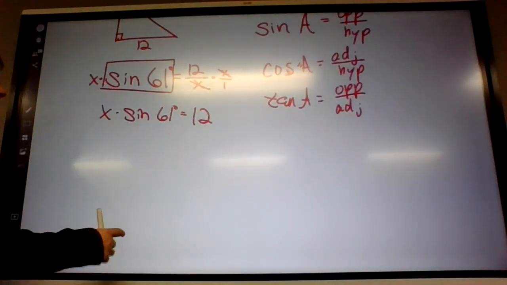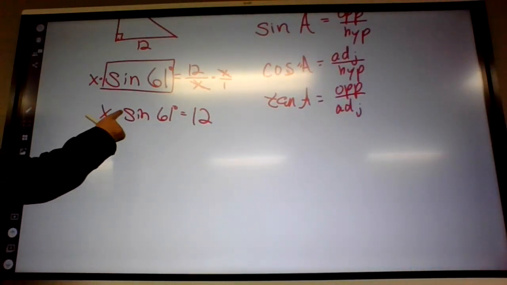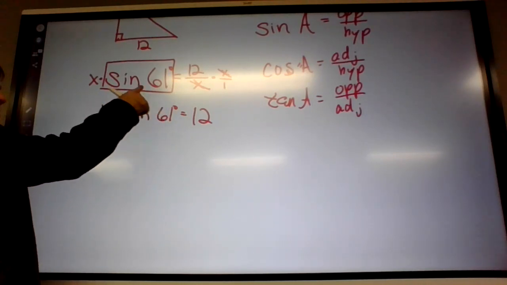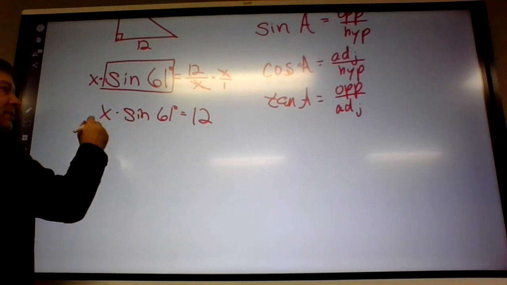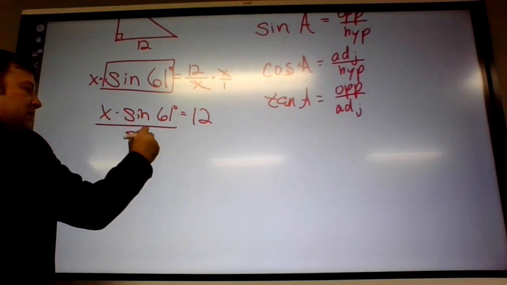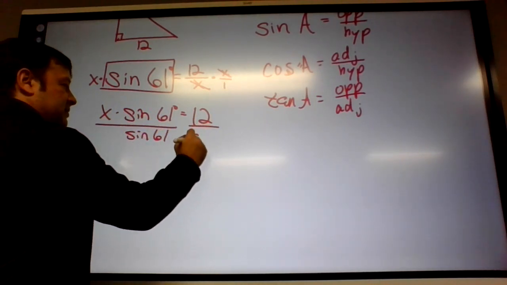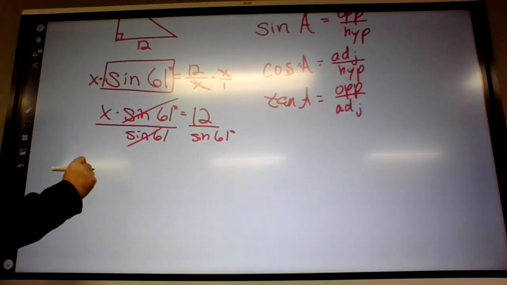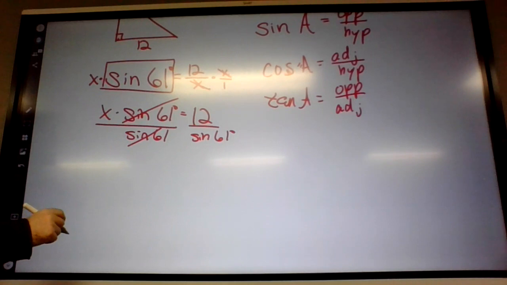Come on now. Okay, so I have x times sine of 61 equals this. So I just need to get rid of this. How do I get... Divide by sine of 61. So that goes away. x is whatever 12 divided by sine of 61 is.